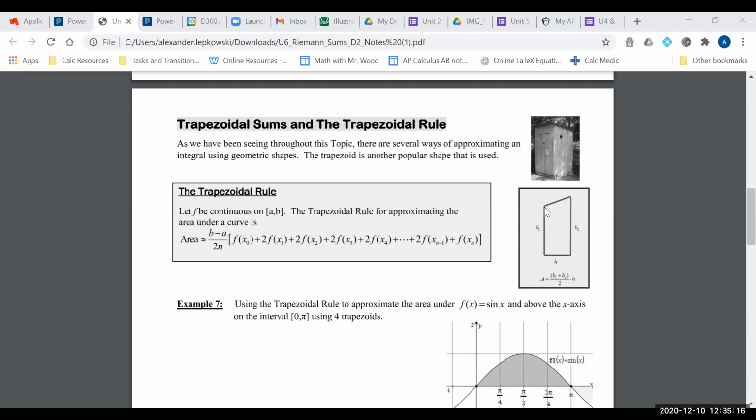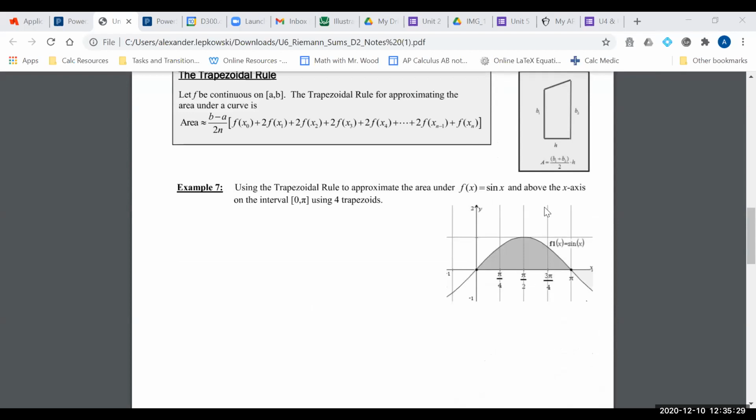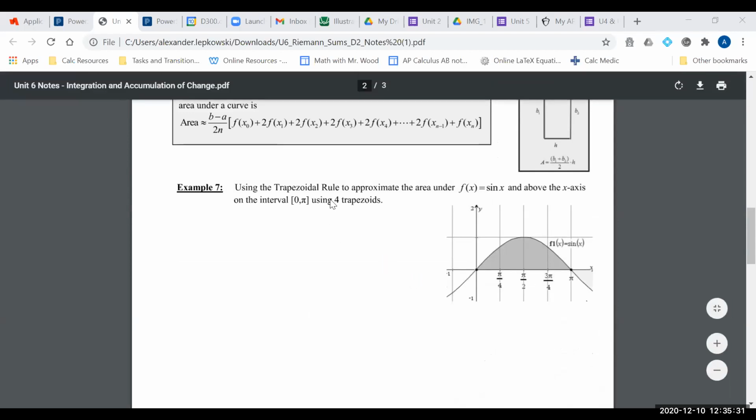So to get more accuracy than the rectangles, we're trading off for a more difficult shape to find the area of, namely the trapezoid. So we're going to use the trapezoidal rule using 4 trapezoids, and we're going to estimate the area between the x-axis and sine of x as pictured here in example 7.